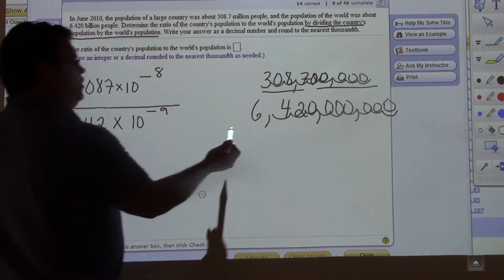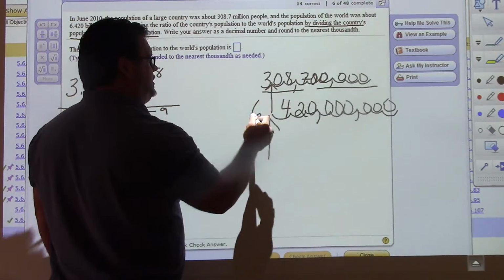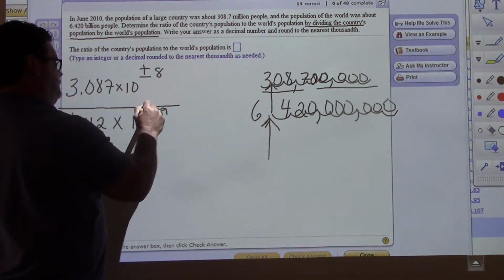Now what do we need to do on both of these, mentally, to get it back the way it was? To the right.